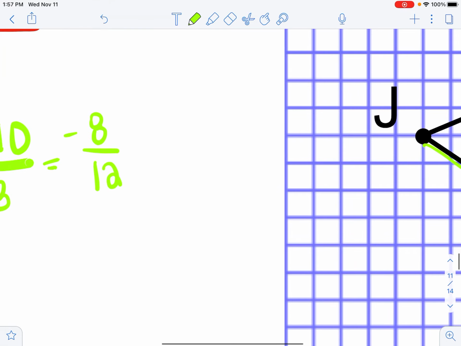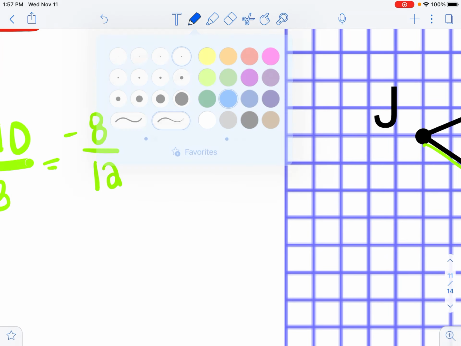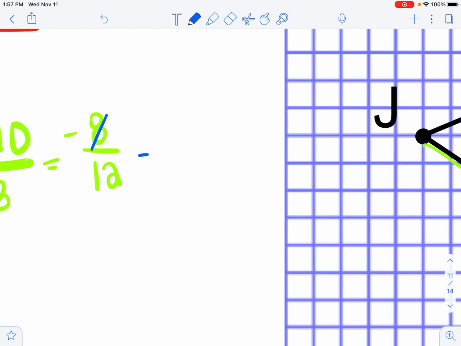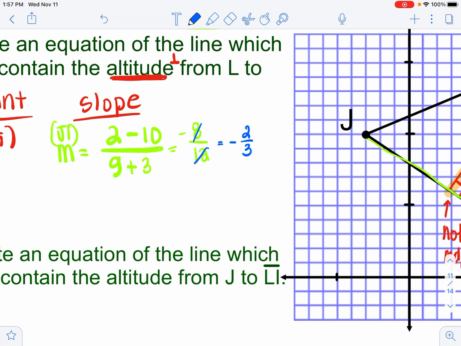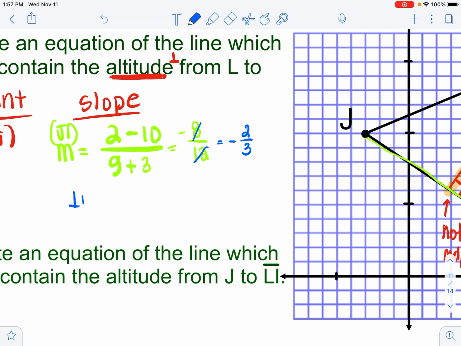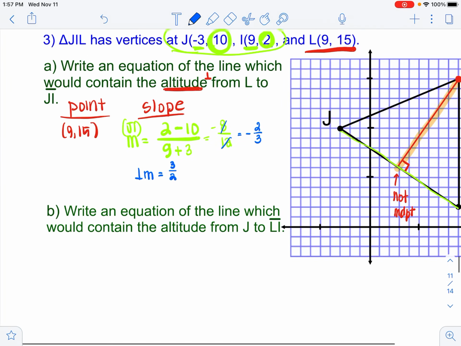Once again, this fraction is simplifiable because both of those numbers are divisible by 4. 4 goes in there twice. 4 goes in there 3 times. Remember, it was a negative number. All right, I'm not using that as my slope. My altitude is perpendicular to that. So I need the opposite reciprocal of -2/3, which is positive 3 over 2.